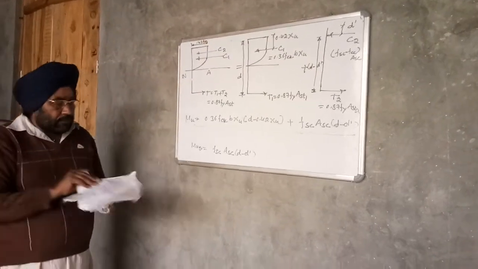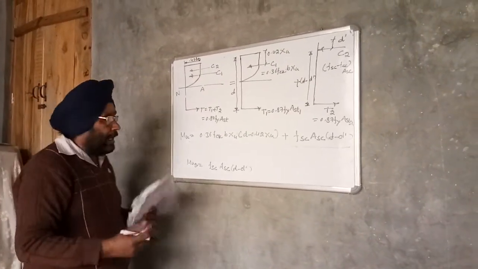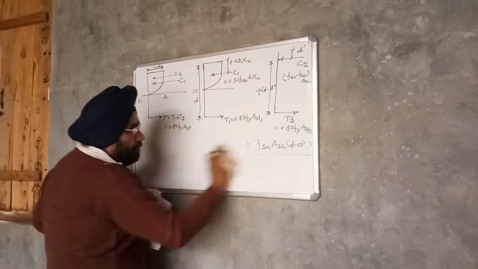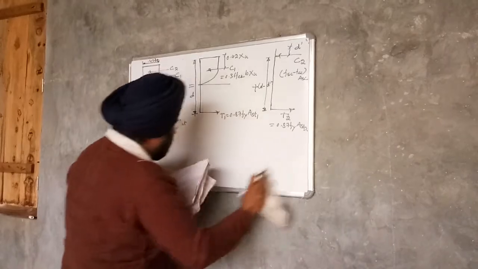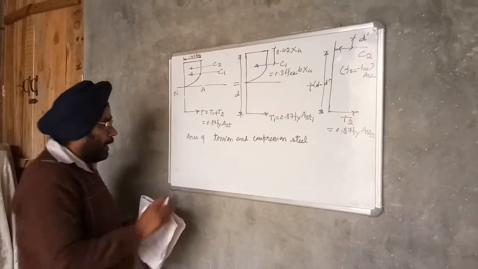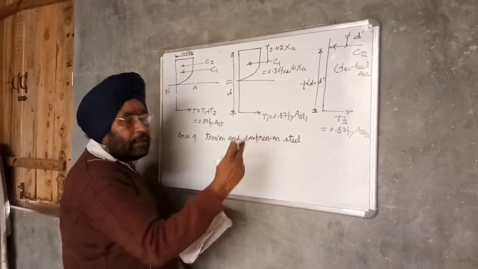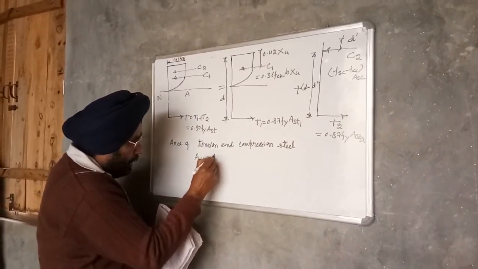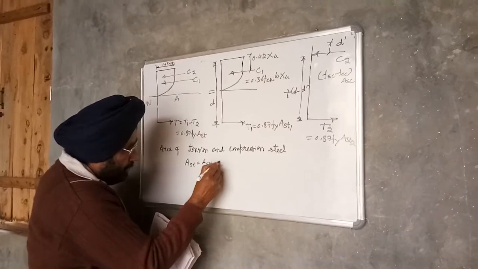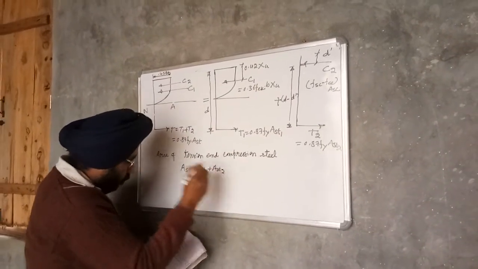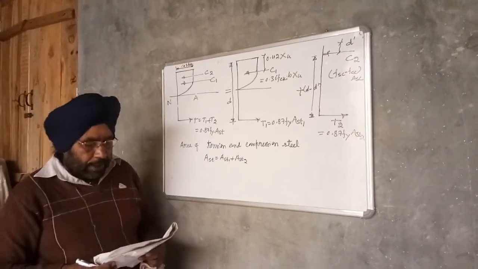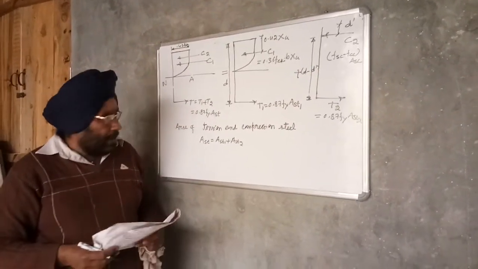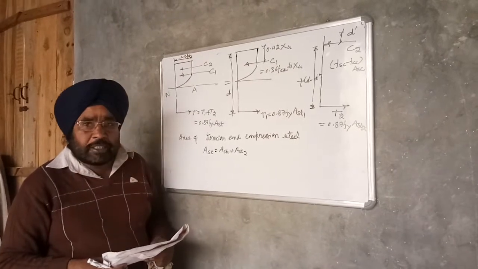Then the area of the tensile steel and compression steel. The area of the tensile steel Ast is equal to Ast1 plus Ast2. Ast1 is the area of the tensile steel corresponding to a singly reinforced balanced section, and Ast2 is the area of the additional tensile steel.